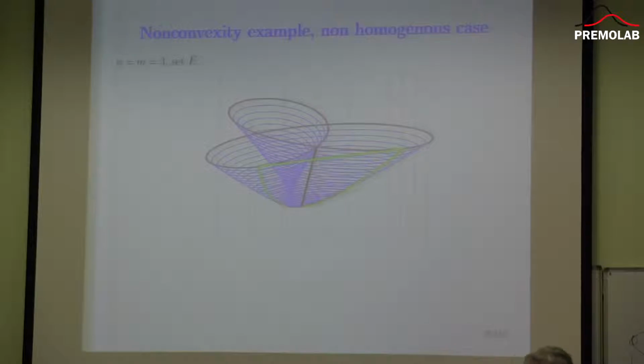It's just a part of a parabola here, but this is a non-convex part of our image. So in this case, it's a certificate. This certificate of non-convexity works.